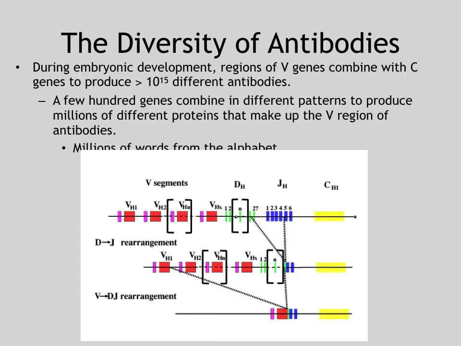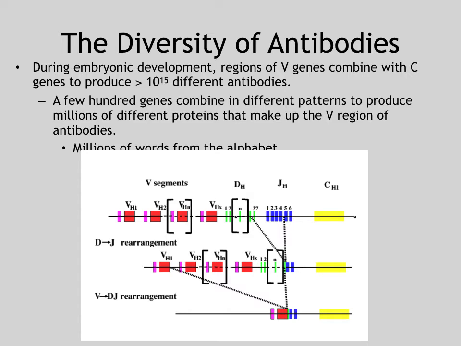There are Portuguese, Spanish, French, other forms of English, Italian, Swedish, all kinds of different languages that all use the same letters. So now we're talking about millions upon millions of different combinations of the same 26 letters that make up all of these different languages. So we get millions and millions of words from a 26-letter alphabet.